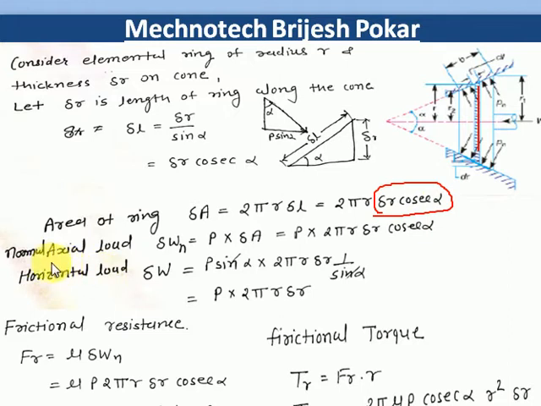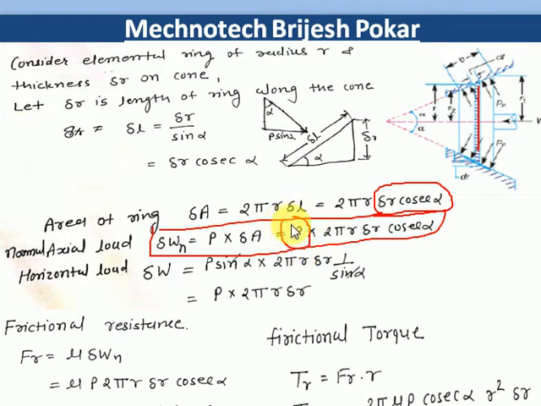Now the normal axial load delta Wn is equal to P into delta A, so in the normal direction it is P into 2 pi r delta r cosec alpha.